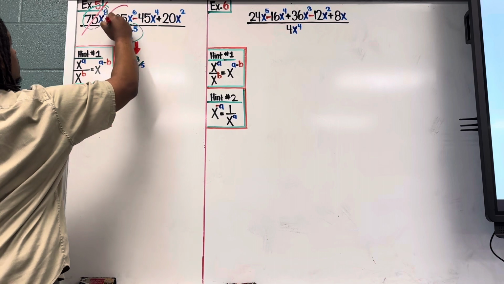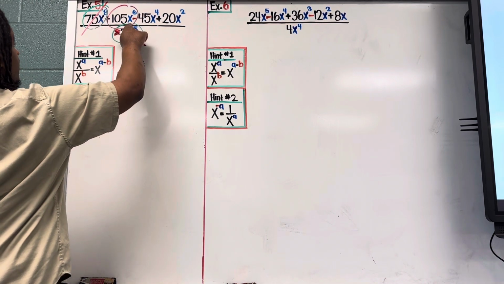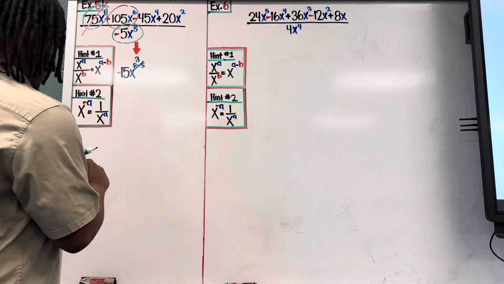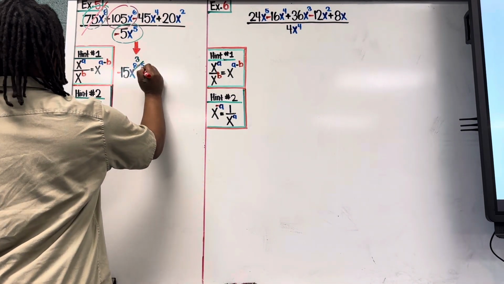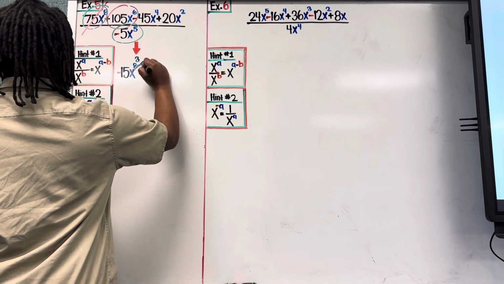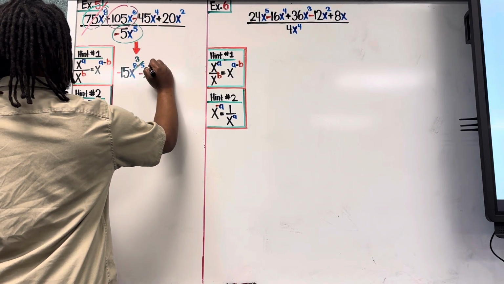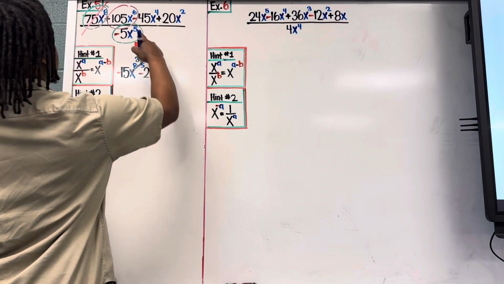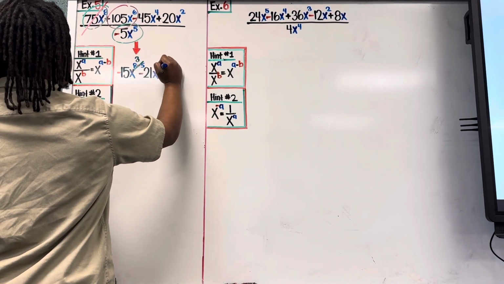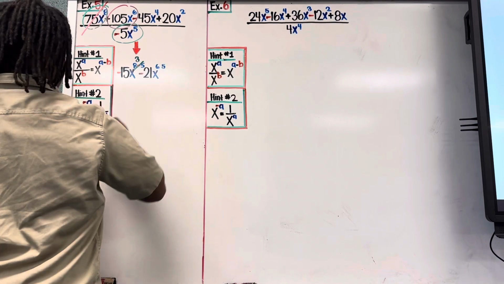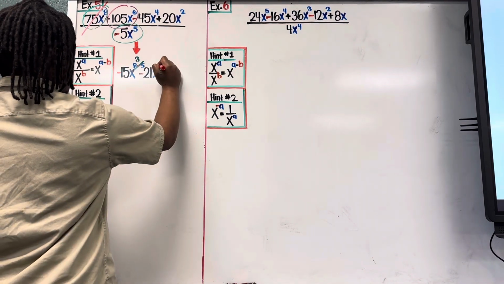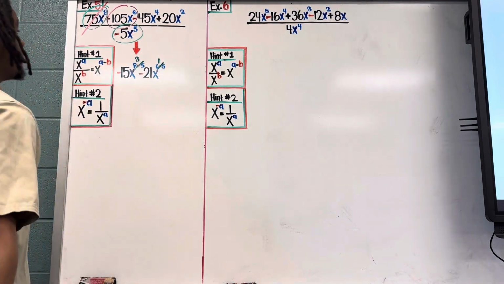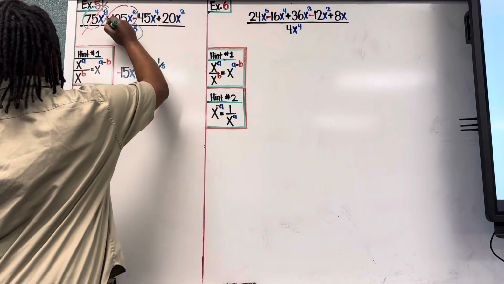I'm going to go to the next value, which is 105x to the 6th power. 105 divided by negative 5 is negative 21, so that's going to be minus 21x. Then I subtract the powers, 6 minus 5, which equals 1. I'm done with that one.